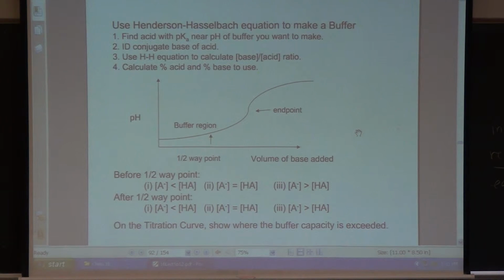How many moles of HA react with it? 1. How many moles of H2O are produced? How many moles of A minus are produced? And then at equilibrium, how much of the HA is left over?